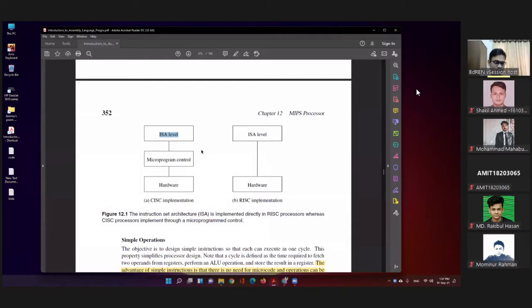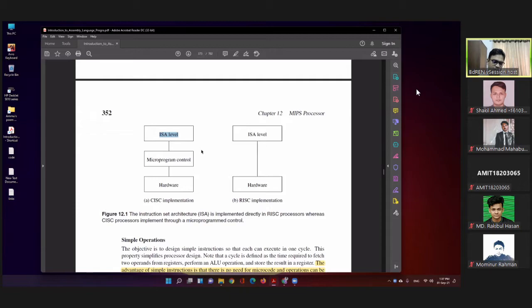Whenever you write the code in CISC types of processor, for example, in your Pentium processor, if you just write add two numbers, then it will add two numbers. But behind this addition, there is so much other small coding or lower level coding working behind that code. But we don't need to know that.